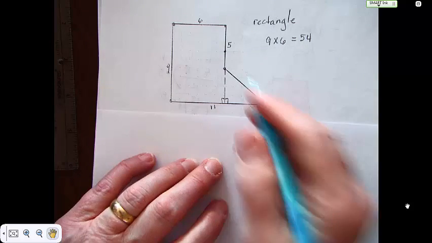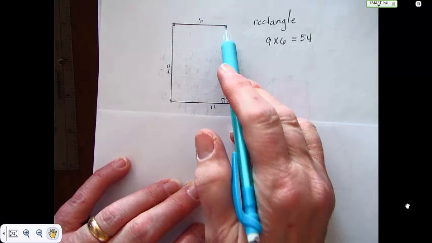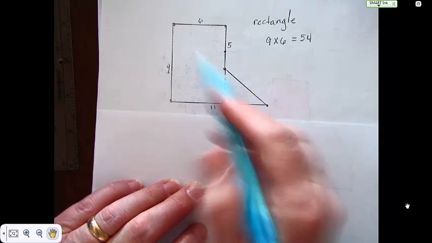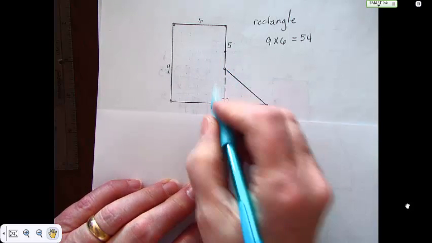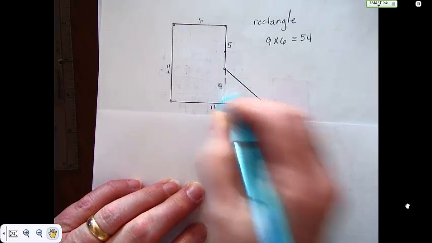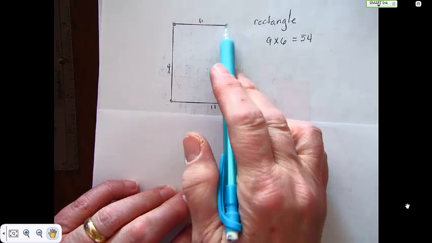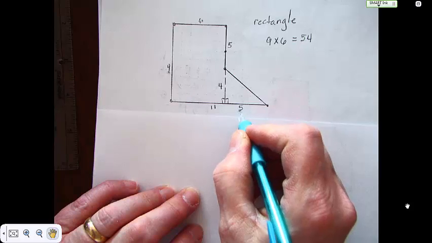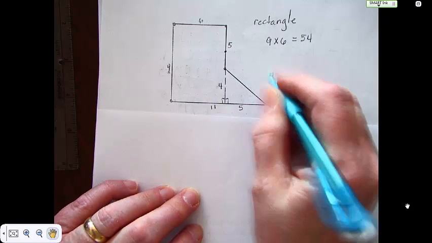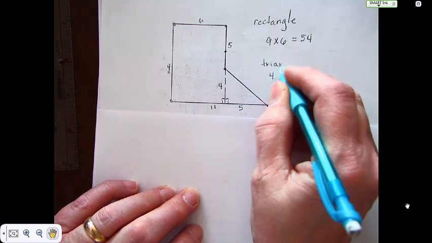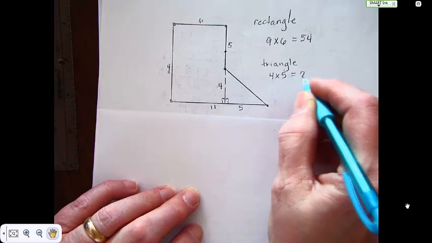Now, we have this triangle down here we have to account for. We know from here to here is 5, and from here to here is 9. 9 minus 5 makes the height of this 4. 11 all the way across, 6 from here to here makes this 5. 4 times 5 equals 20.